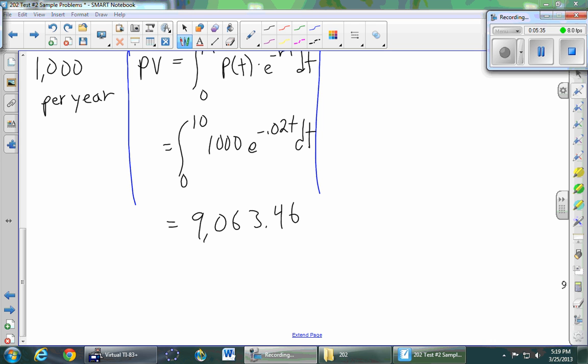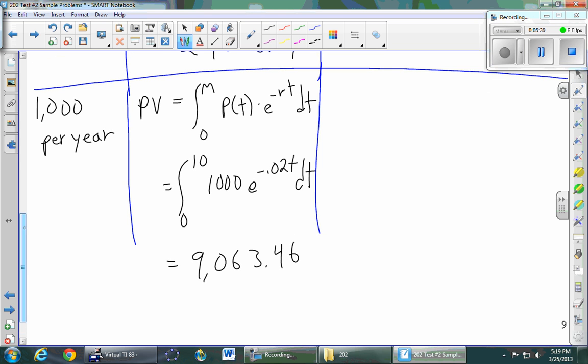And in the last column, we're going to find the future value. Again, there's just a calculus formula that we'll use. So here it is. It's integral 0 to m p of t. Again, the income stream e to the, and now this becomes kind of funny. It's r times m minus t. That m minus t represents how much time is left, how much time the money has to grow.